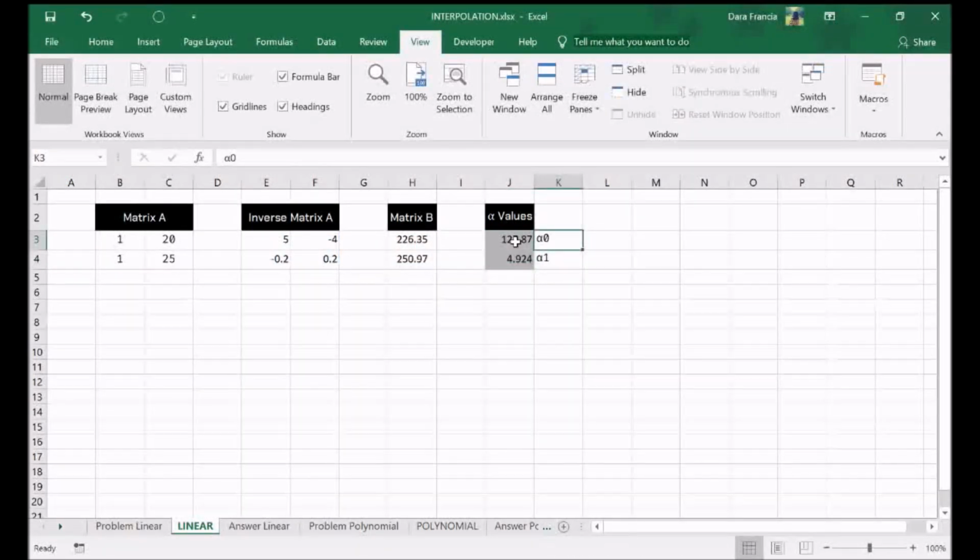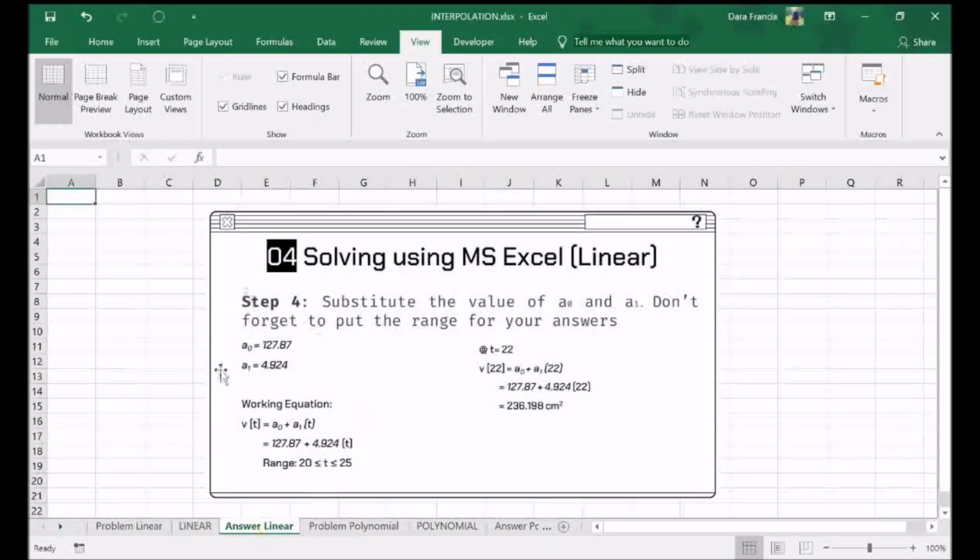Now we have the values of A0 and A1, which are 127.87 and 4.924 respectively. After getting the values of A0 and A1, we just need to substitute them in our working equation. But don't forget to put the range of your answer. Our range is the lowest value of t, the t in the middle, and the highest value.